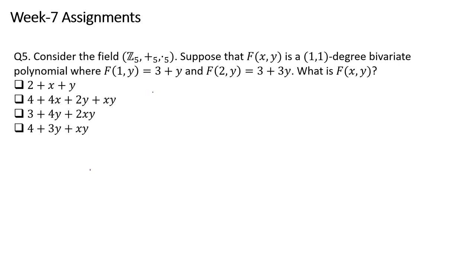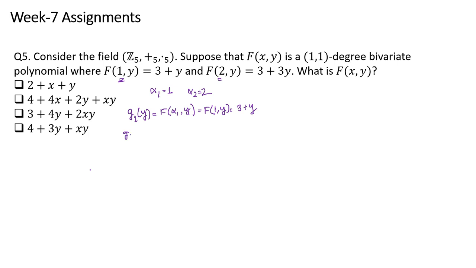So you can view the problem as, there are two evaluation points alpha 1 and alpha 2 available. Alpha 1 is 1 and alpha 2 is 2, and you are given column polynomial g1(y), which is f of alpha 1 comma y, given as 3 plus y.